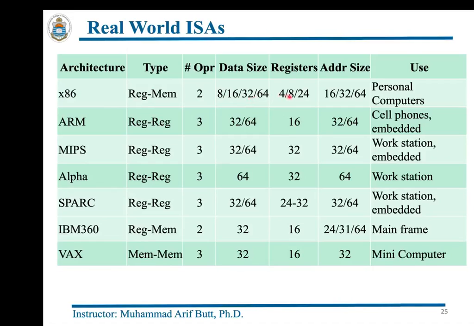The count of the registers ranges from 4 to 24. The address bus is of 16-bit, 32-bit and 64-bit in different architectures of x86. For example, in x86-64, the address size is of 64-bit, and in 8086 it is of 16 bits. And similarly, you can see the stats for the other architectures as well.